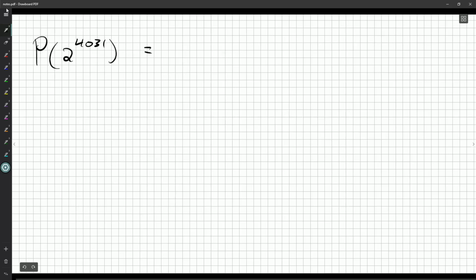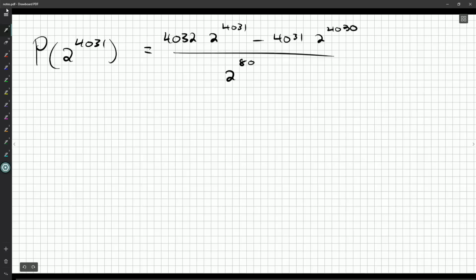So that's going to be add 1 to the exponent. Subtract 1 there. 2 to the 8062. So, well, we can simplify this side a lot to divide by 4030.